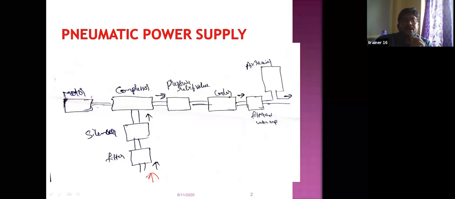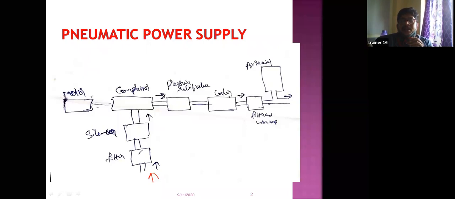So now here the air is sucked into the filter. The purpose or function of the filter is that any particles, dust, impurities in the air will be eliminated in the filter. I think all of you know the general definition of a filter: it filters.